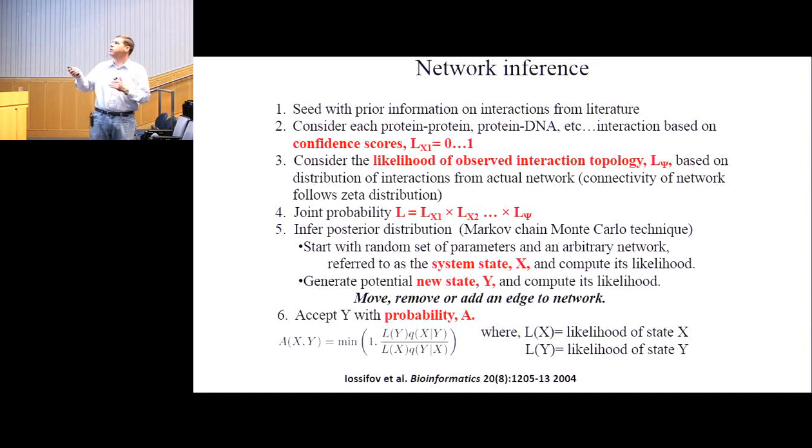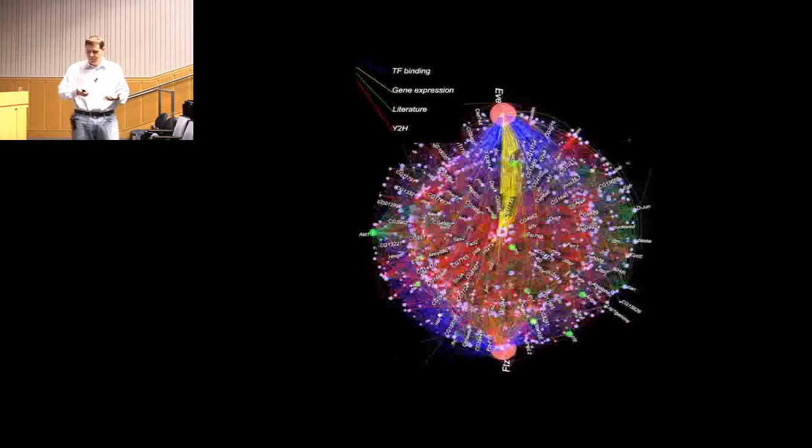And then what you do is you change the network after computing this joint probability, and you remove an edge, or you move an edge, or you remove a node, and then you recompute it. And you do this millions and millions of times. Through a Monte Carlo sampling method, you then calculate a probability for each type of interaction in the network, and you get a big hairball.